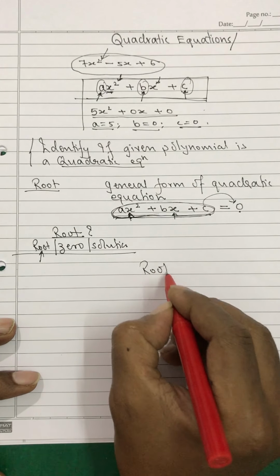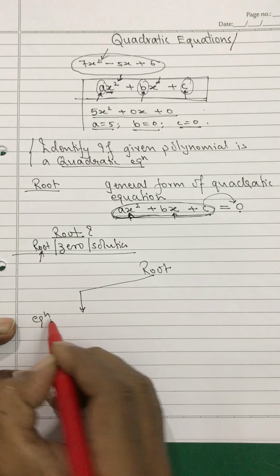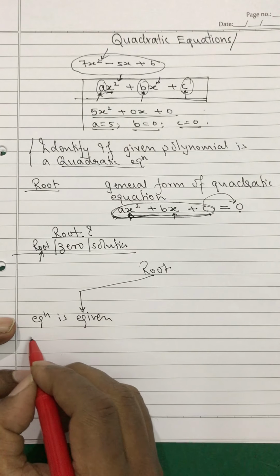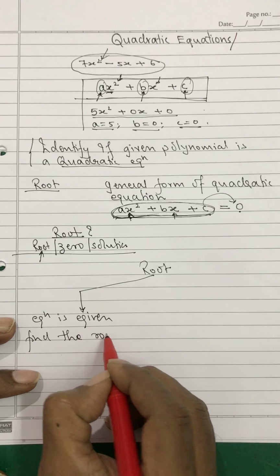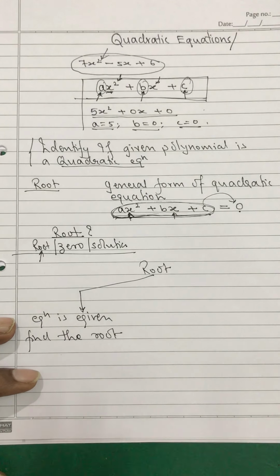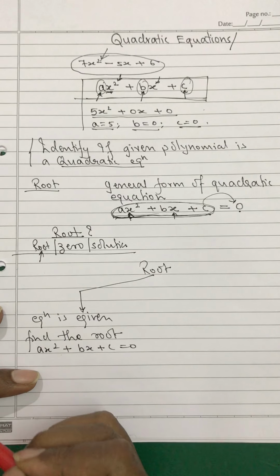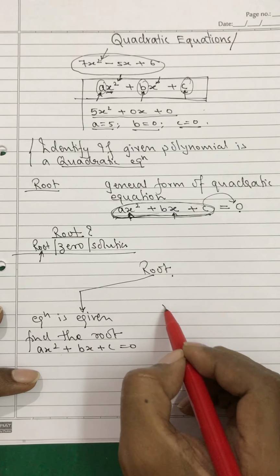When the equation is given and you are asked to find the root, at that time you will be using the full ax square plus bx plus c.